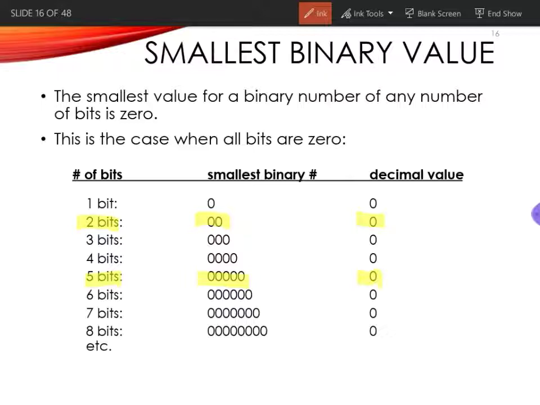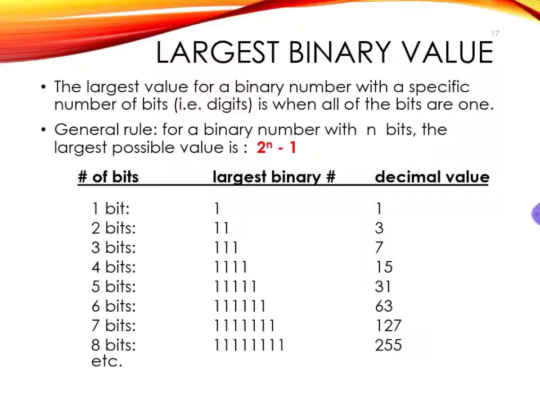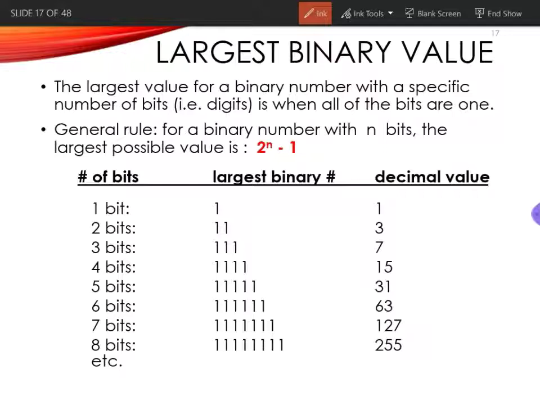So the idea is that for the smallest value, you just need to set all the bits to 0 and you get the smallest value. The largest value is just the opposite. No matter how many bits you have, let's say 6, if you set all of them to 1s, that is the maximum value for 6 bits. And the decimal value for that you can get using the formula 2 to the power n minus 1.